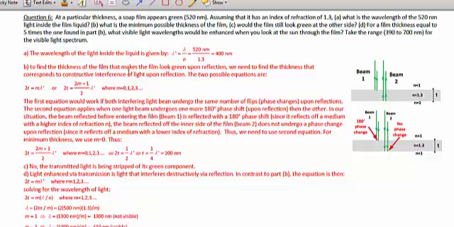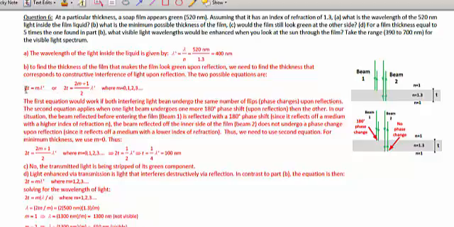The condition for constructive interference upon reflection for these two beams is going to be twice t, that path difference, either equal to m times lambda prime. Remember, we need to use lambda prime because that's the wavelength of light inside the film. Or twice t equal to (2m plus 1) over 2 times lambda prime.